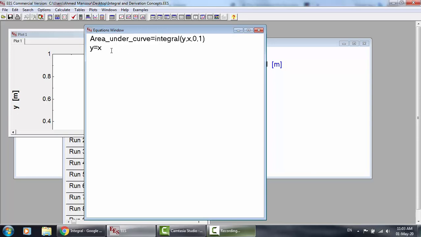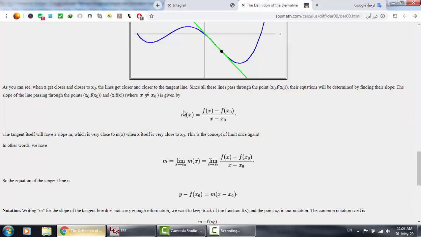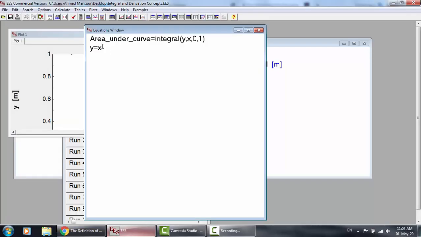What is the derivative of this function? So f dash or y dash will be 1. Again, when I tell you about the derivative, this means the slope. So the slope and the derivative of this function is 1.